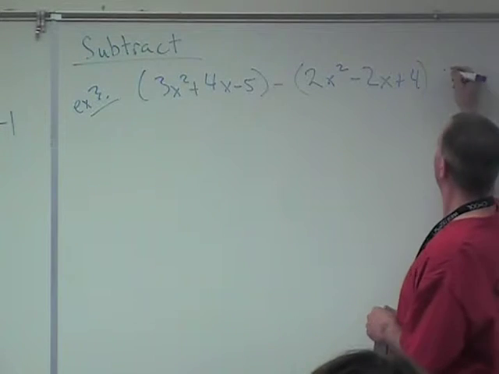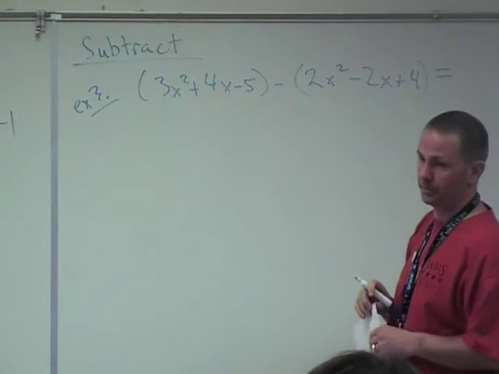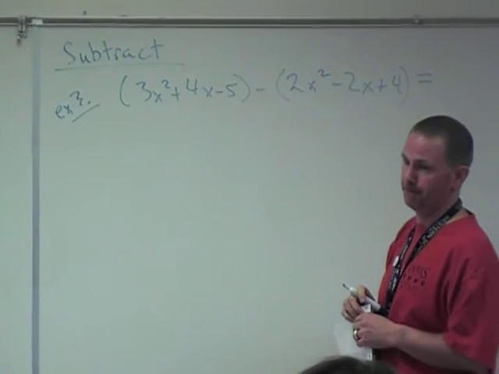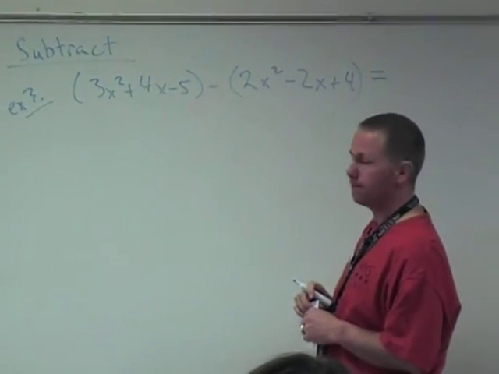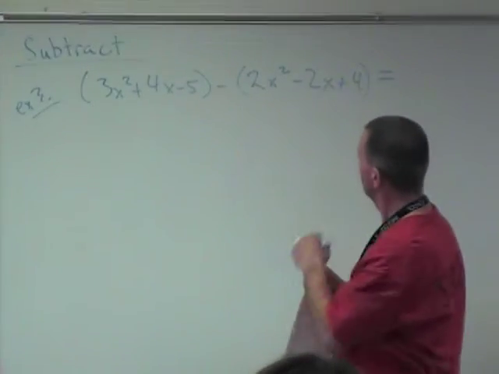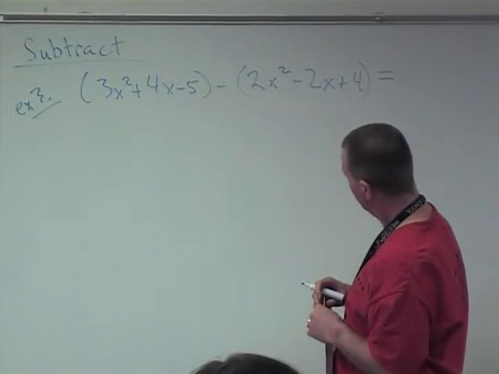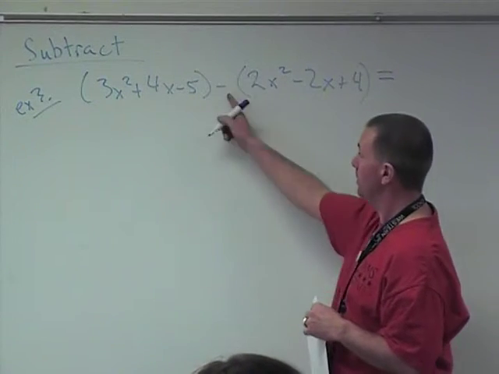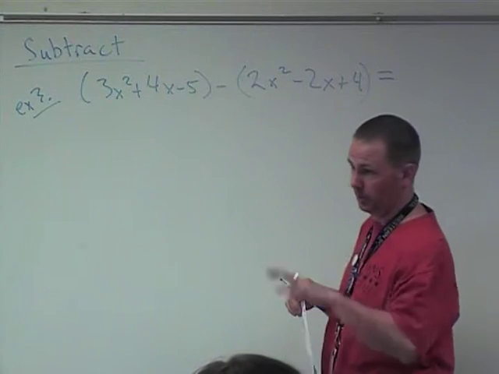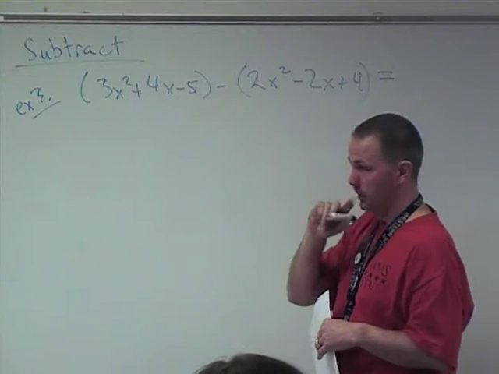Make sure you do that. Could we make it, that side plus negative 2x squared? No, I mean minus, plus negative 2x squared, yeah. And then plus 2x minus 4. Yes, you did. Just make sure you make that into a plus if you need it. That'd be totally fine. Okay?